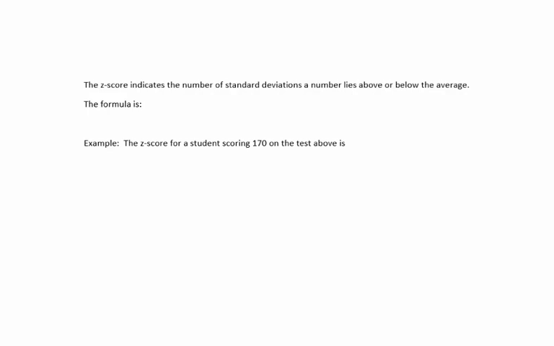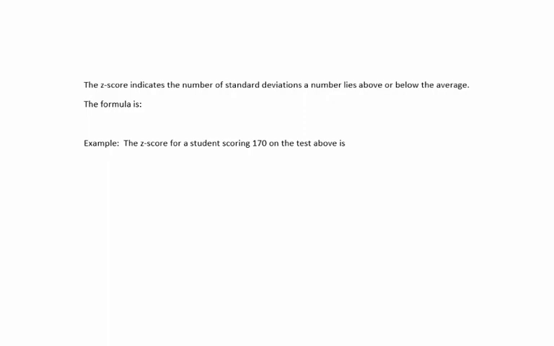The definition of a z-score is the number of standard deviations a number lies above or below the average. I'm going to give you 2 different versions of the formula, one that's a little bit easier to understand, and then the version that's on your reference sheet, and hopefully you'll be able to connect the dots.